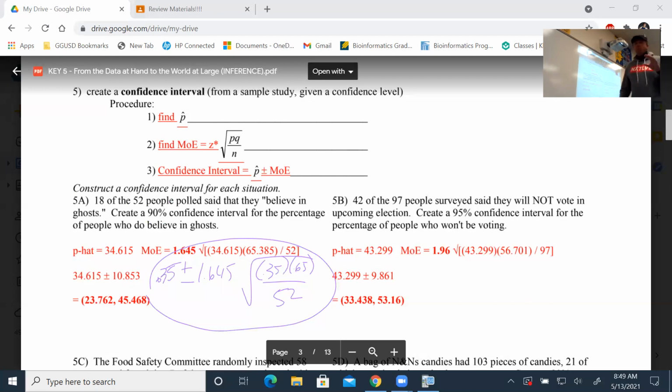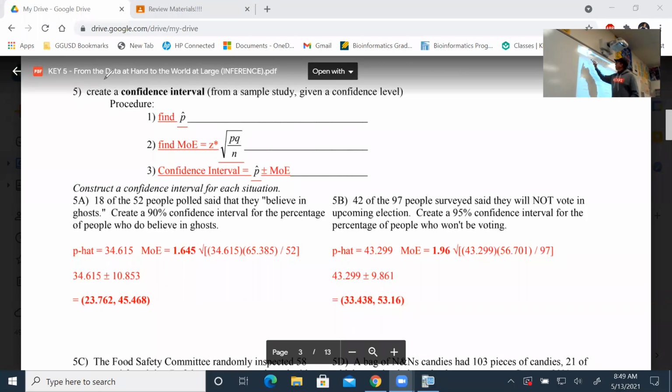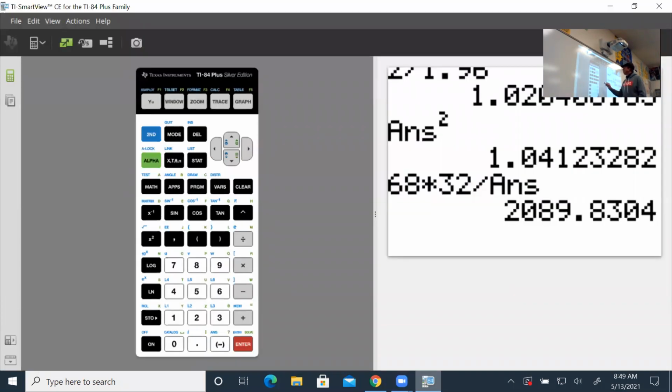Now, the calculator will do this for you. You're going to love this. Okay. So I remember our numbers here: 18 of 52 at 90%. All right. So let's go to the calculator. Okay.